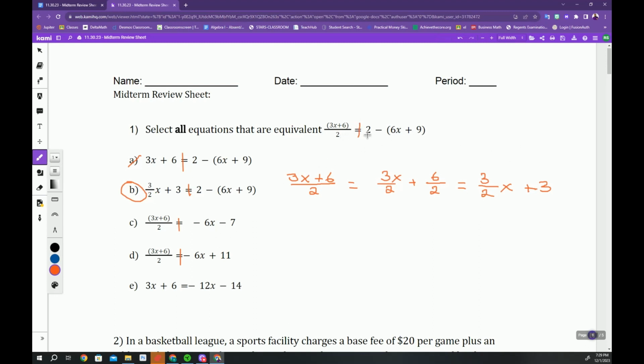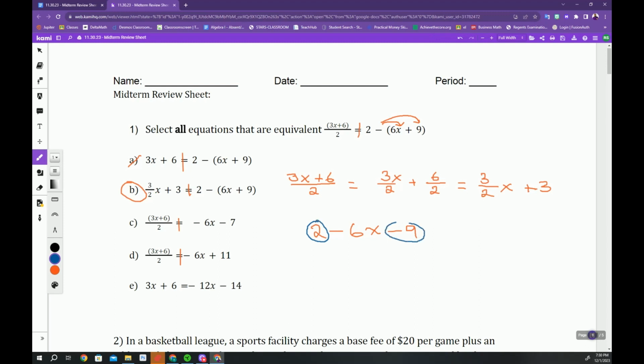If we simplify this side of the equation, we have to distribute this negative to the 6x, so that becomes minus 6x. Distribute that negative to the positive 9, minus 9. And if I bring down the 2 we started with, this simplifies to 2 minus 6x minus 9. Now I can combine my like terms, which are 2 and negative 9.